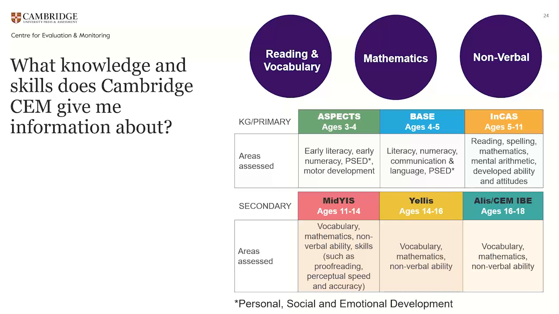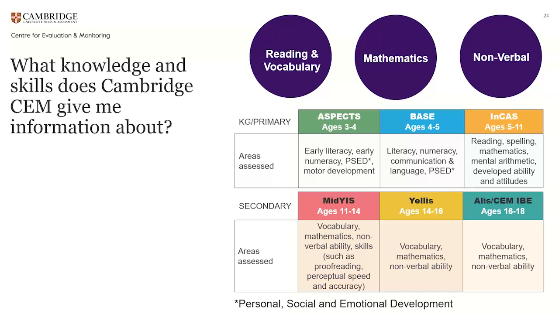CEM, or Cambridge CEM as it now is, started off as the Centre for Evaluation and Monitoring in Newcastle University before moving to Durham University, where it was for about 30 years, and then about 3 years ago to Cambridge University.